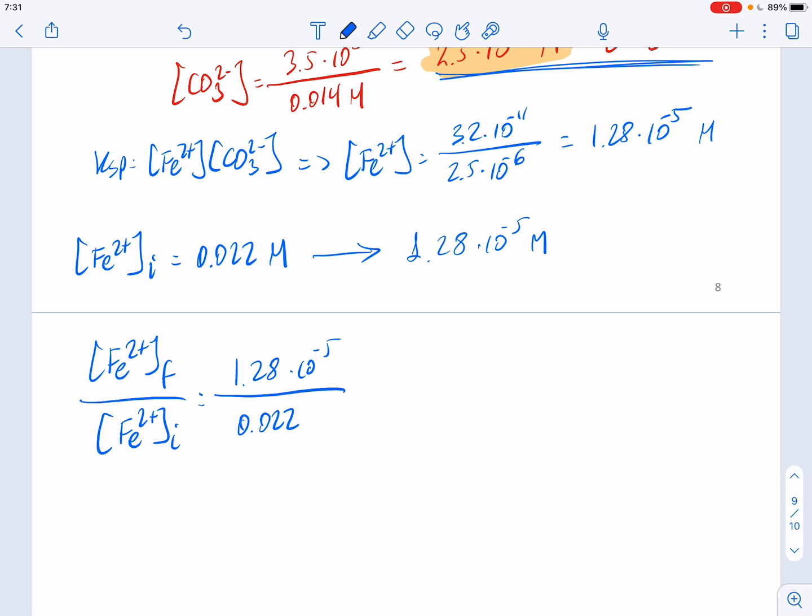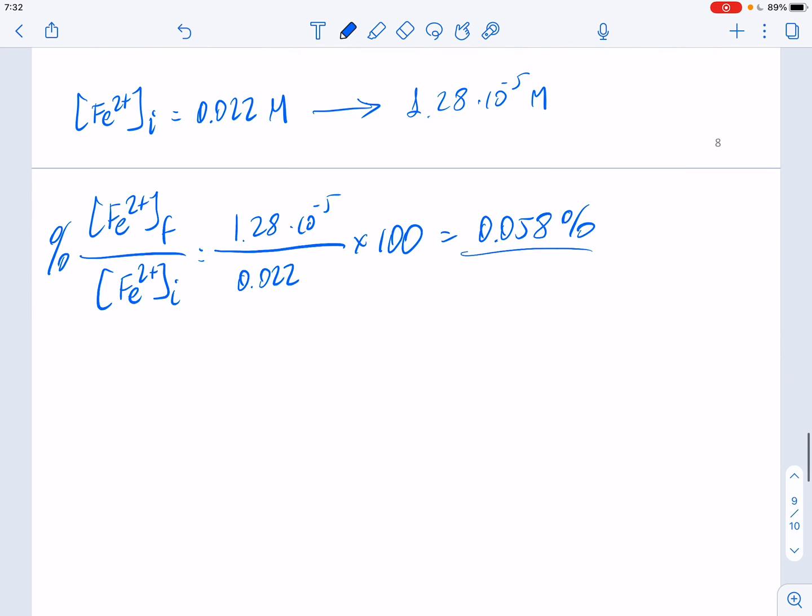Let's see it from the point of view of a percentage: times 100, this is equal to 0.058%. So when magnesium starts precipitating, the amount of iron that remains in solution is just 0.058% of the original amount that you had at the beginning.